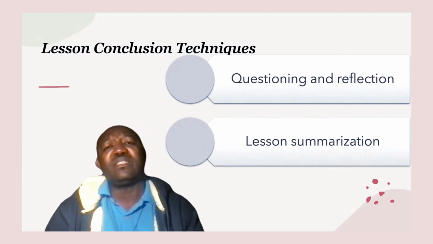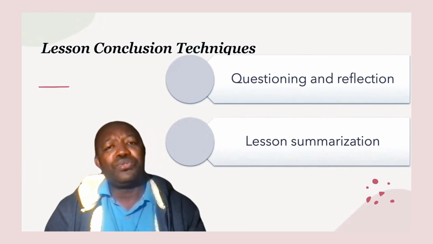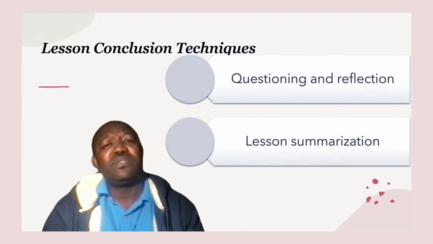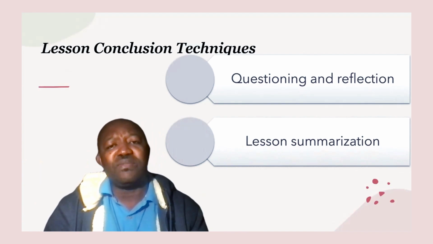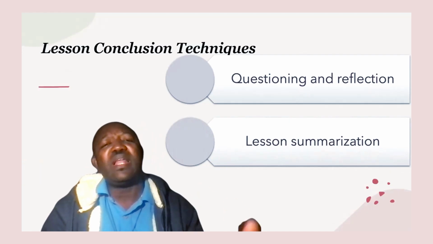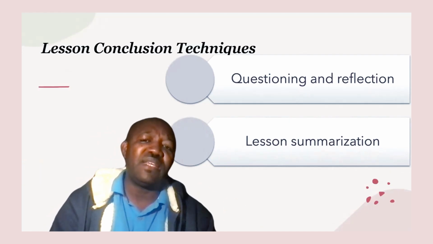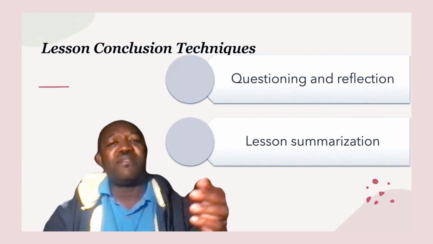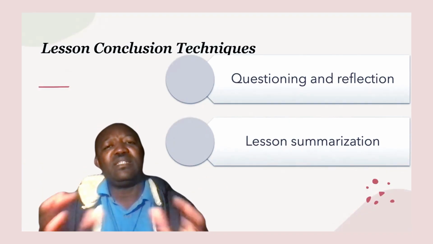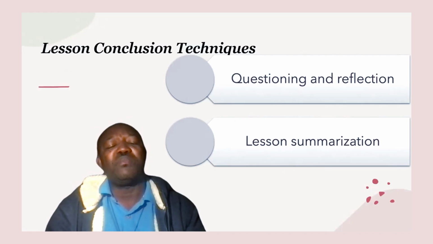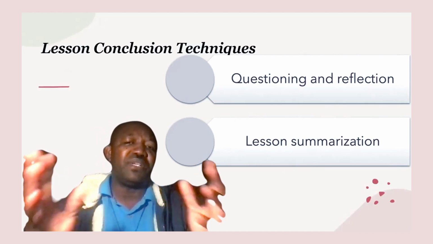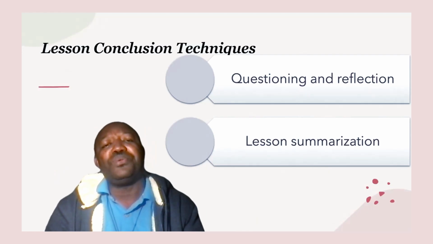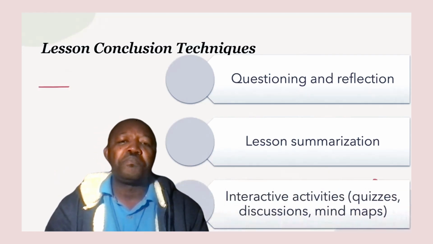So at the end of the lesson, you may say, so today we have been talking about the sacraments of the church. And when we realize that there are seven of them, then we name them one after the other, and then the lesson will come to a summary. So we make a brief summary of what we're talking about.